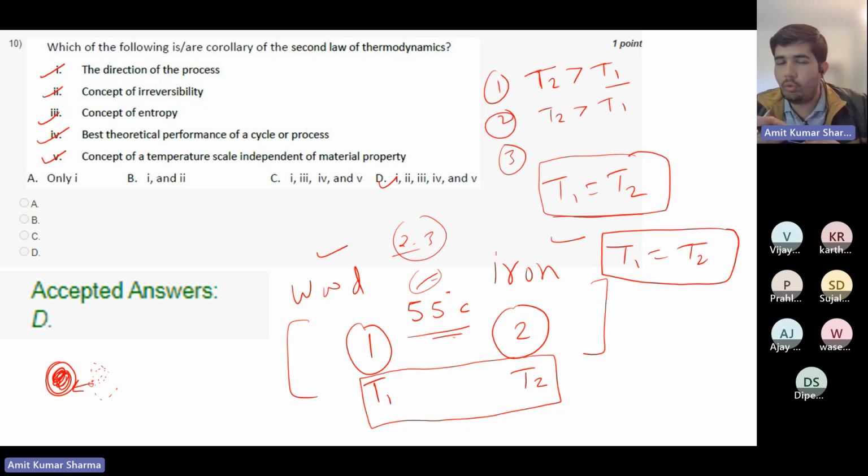On the wooden side, the conductivity is very low, so the heat transfer rate will be very low. So you feel that this chair is at a lower temperature, but that is not correct. The temperature will be 55 degrees only. That is the question. Because the wooden particles will quickly come to a much lower temperature after contact with the body.